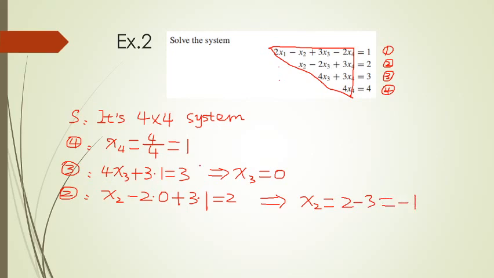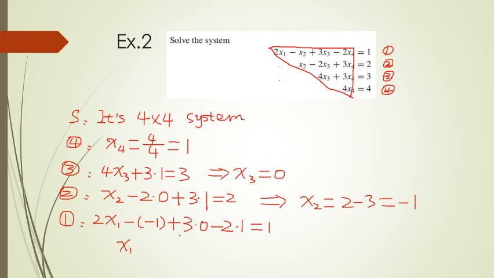And then use the solutions x4, x3, x2 and go back to the first equation: 2x1 minus x2, where x2 is minus 1, plus 3x3, which is 0, plus minus 2x4, where x4 is 1, equals 1, right? Now let's solve for x1.